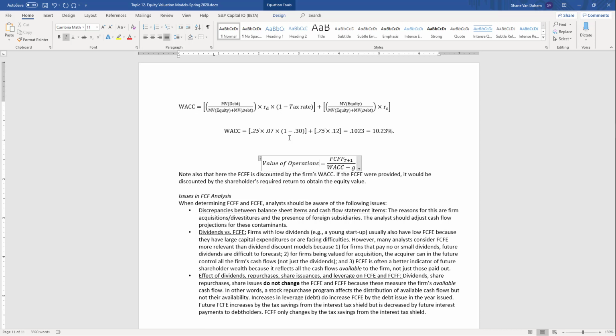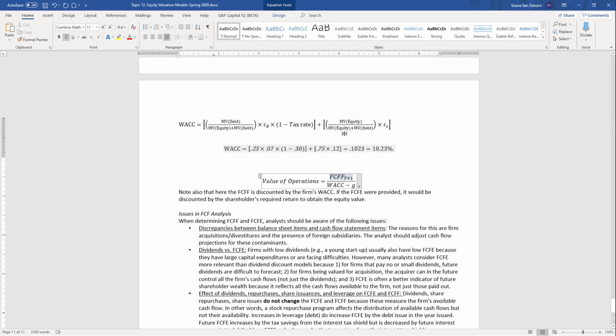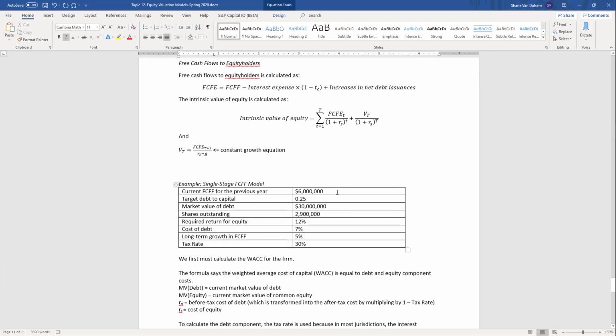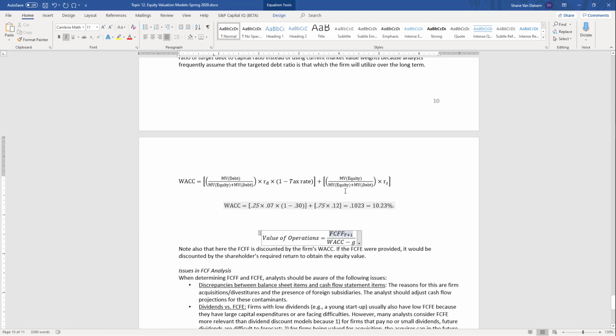So in this example, we're going to calculate the value of operations for the firm, and then in one of the practice problems, I'm going to work through that with you. I'll show you how to calculate the equity value and the estimated value of the stock. So in this case, the free cash flow to the firm at time t plus 1 is going to be this 6 million multiplied by 1 plus the long-term growth rate.